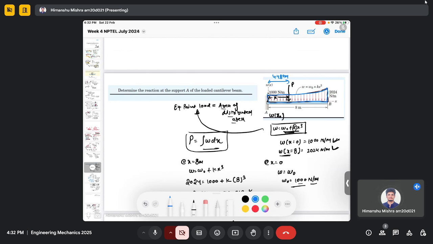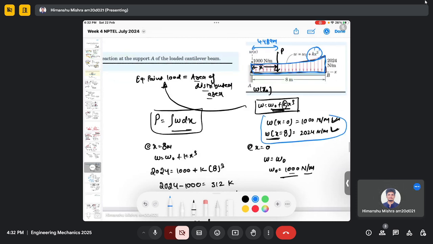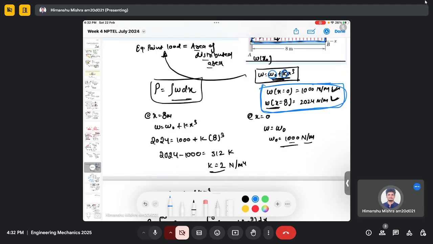The only difference in this question was that the loading of this distributed force was non-trivial. It depended non-linearly on x. So we first used the boundary conditions to find the two unknowns. If there are more than 2 unknowns, we need 3 boundary conditions, but we have 2 boundary conditions and 2 unknowns, so we could easily find K and W naught.